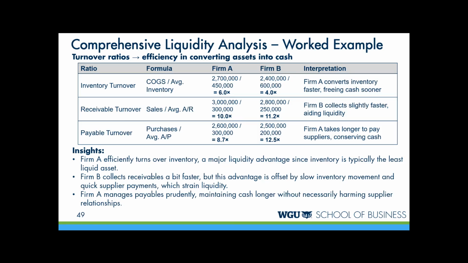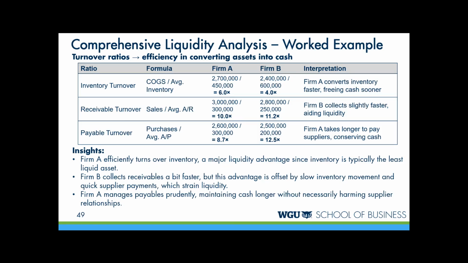Next is our receivables turnover. Firm A is turning over its receivables 10 times a year. Firm B is turning it over slightly faster, 11.2 times a year, so it's increasing its liquidity faster.